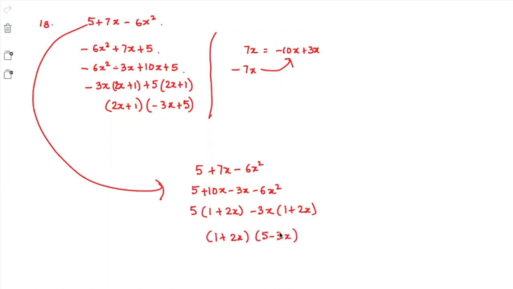The answer in both the cases are same. Minus 3x plus 5 and 5 minus 3x are same. 2x plus 1 and 1 plus 2x are also same. So nothing changes whether we put the extreme terms in reverse order.